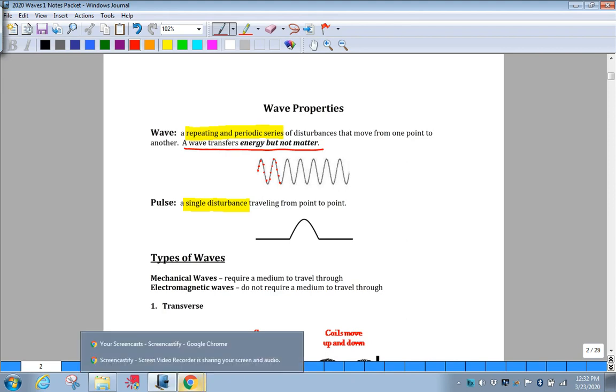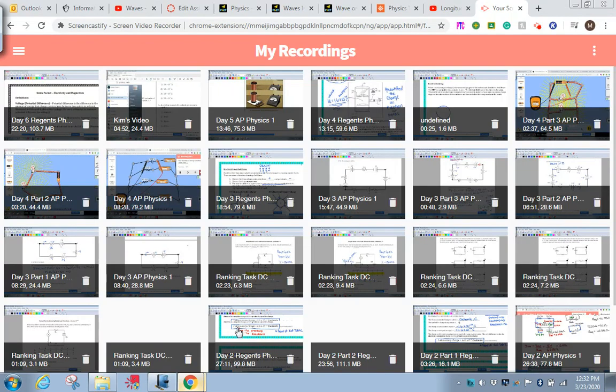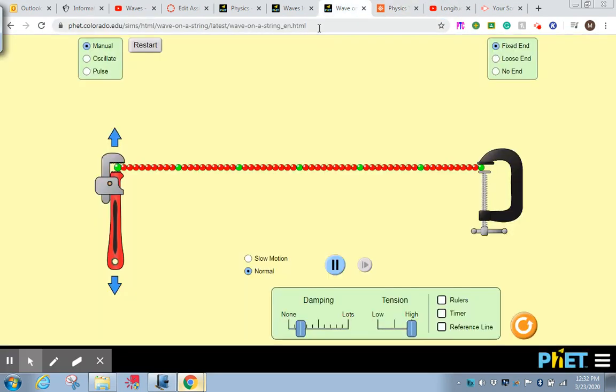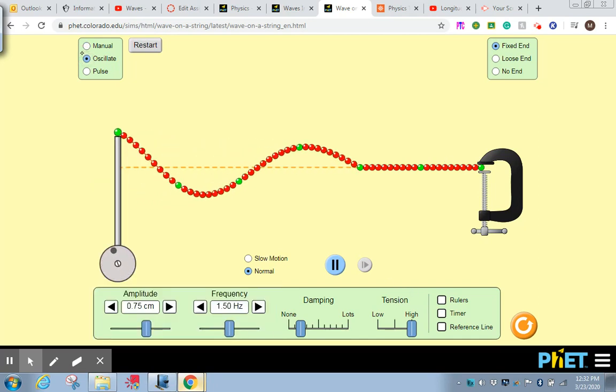Okay, so I have a couple different simulations I want you to try. First we could look at this one to show you just how the particles don't actually change position. So keep your eye on the green or the red. If this is a rope, these are the particles that make up the rope. I could do an oscillation and show you.